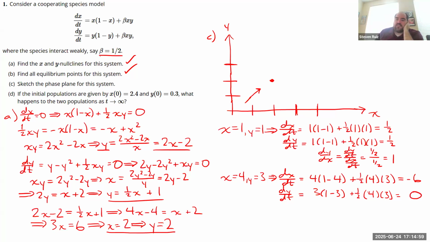So what did I learn here? dy/dt is 0 and dx/dt is a negative number. All right, so in this case, dy/dx will be 0 over negative 6, so it'll be 0. So x equals 4, y equals 3. What's my slope going to look like?